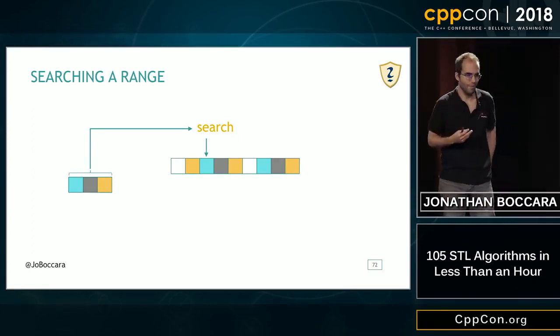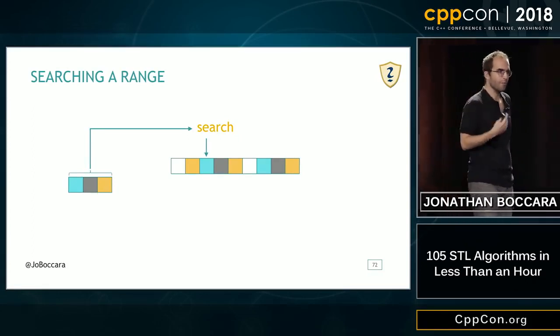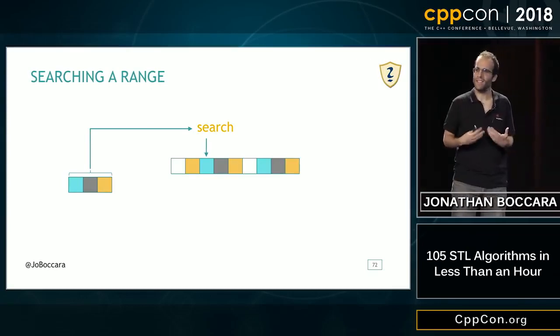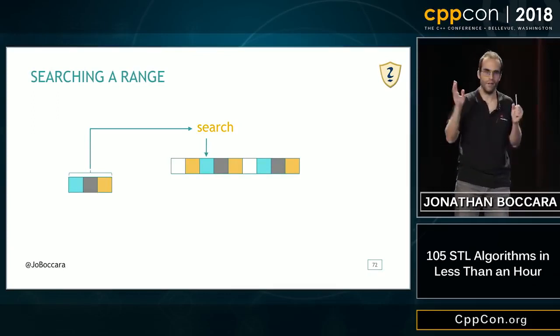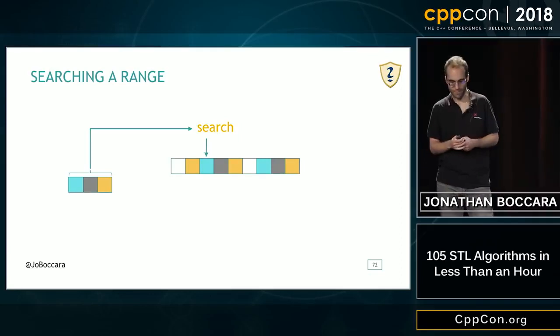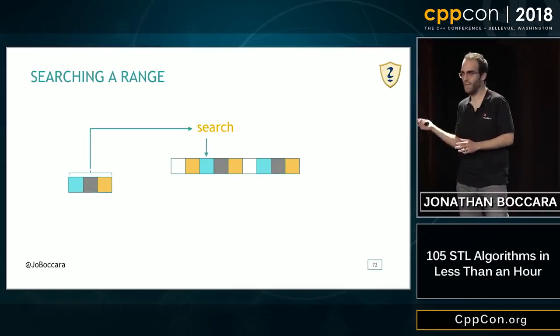I don't know what you think, but for me, search is almost the same as find, except find says that it will find it, right? And search says it will try to find it. But search has nothing to do with find. It searches a subrange into a range. That's not the best name.